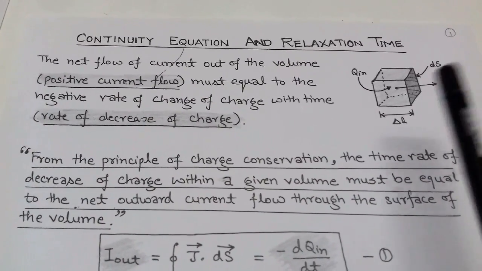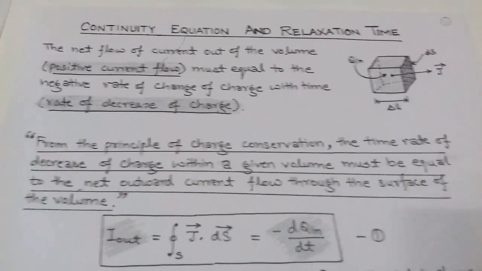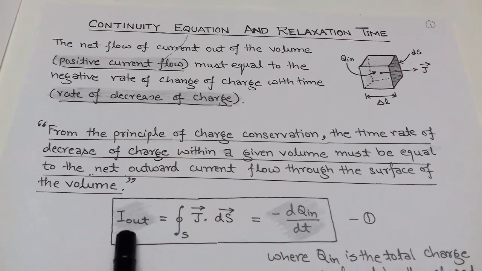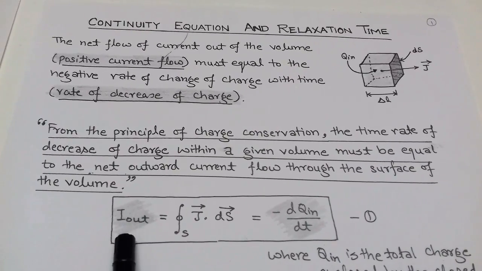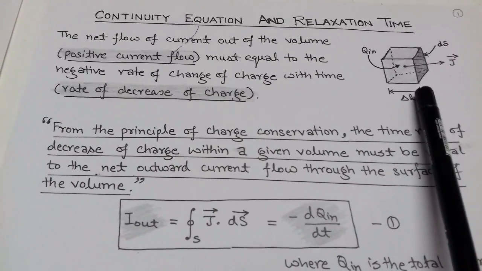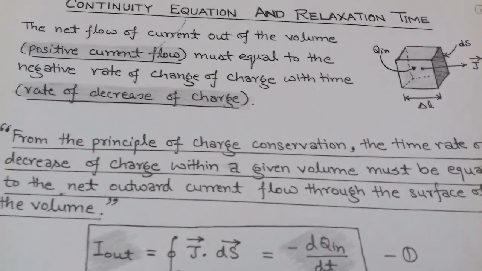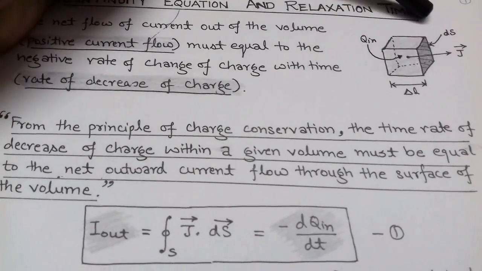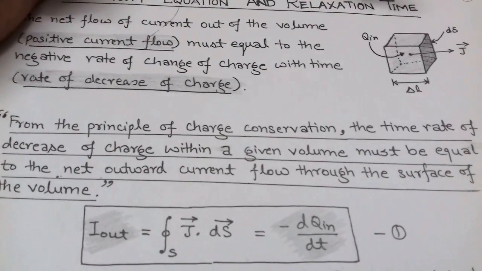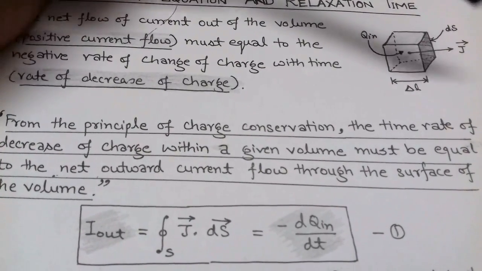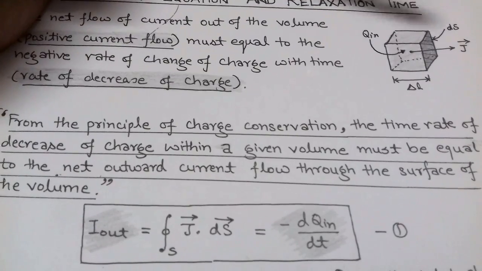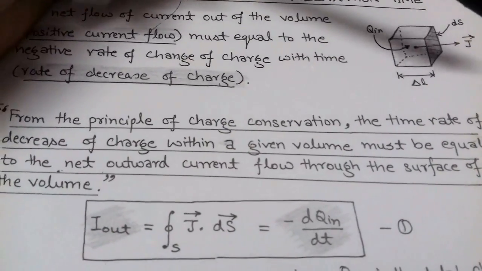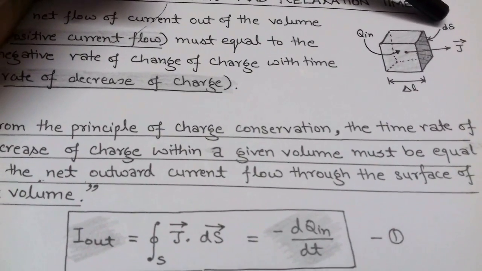So this is given by equation 1. This volume has a surface. Through this surface there is an outward current flow which is given by the current density J vector. The current density J vector passes through this differential surface ds.